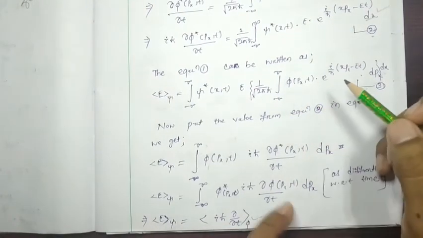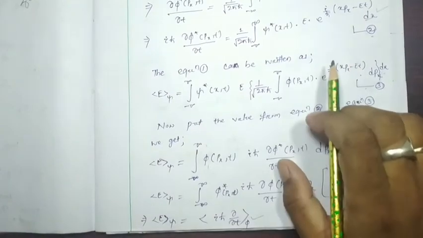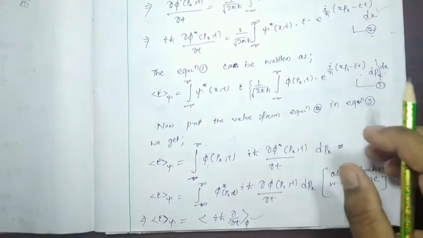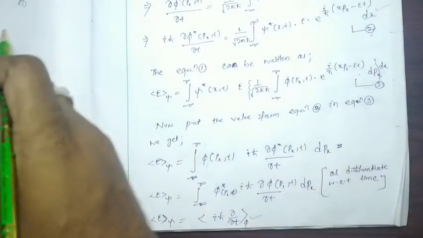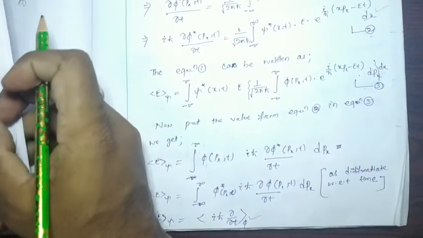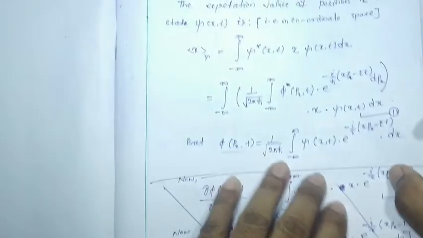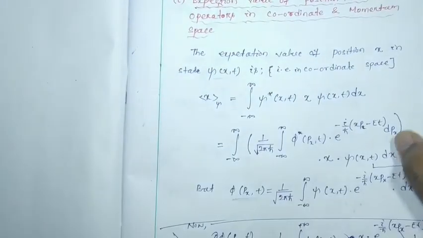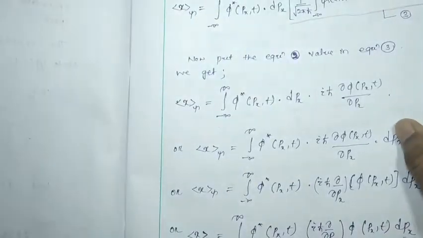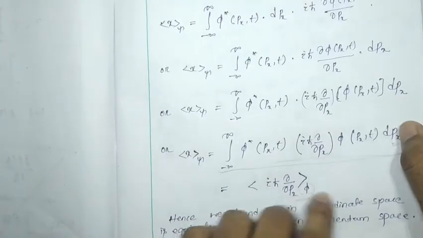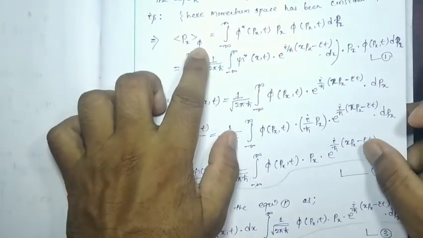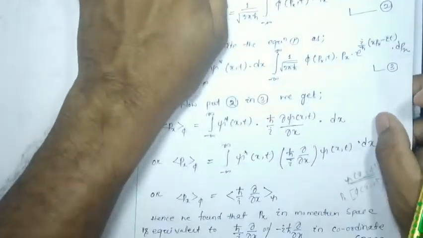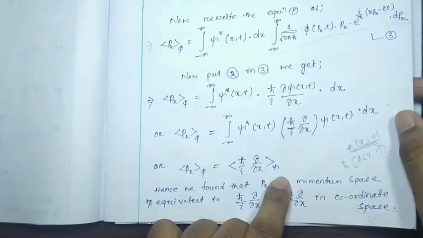So previously, whatever we derived for the expectation value and its corresponding operator, either from coordinate space or from momentum space, see, either we have to consider the coordinate space or the momentum space. Here also, for the momentum we considered either momentum space or its corresponding coordinate space, right?